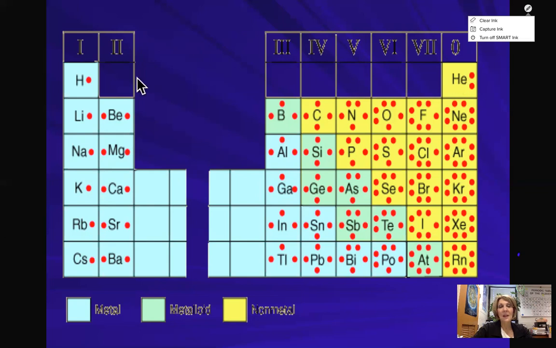We can see helium really is going to go here, right? Because it's got 2, but we put it over here because there's only 2 electrons in the first energy level. So technically it's a noble gas, even though it's an exception to the octet rule. And so we see this pattern, right? We have 8, 7, 6, 5, 4, 3, 2, and 1 valence electrons.